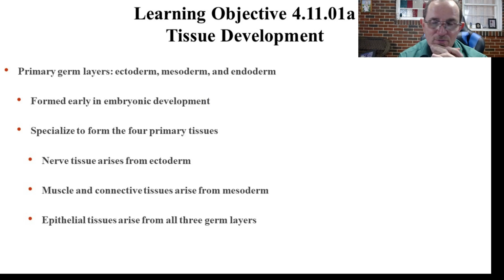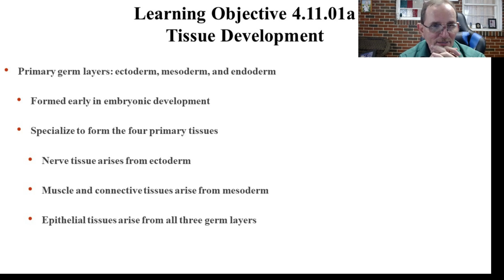Okay, tissue, the primary germ layers: ectoderm, mesoderm, and endoderm. These are formed pretty early in the baby's development, and these guys are going to eventually form those four main tissues. Nerve tissue is going to come from ectoderm. Muscle and connective tissue from mesoderm.